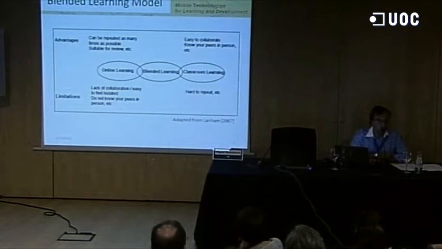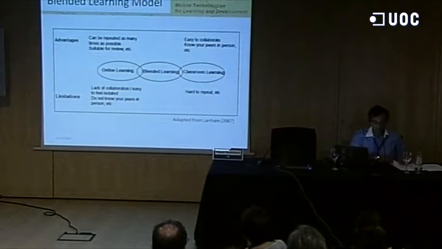I think all of you know what it is, but at this moment they try to use the strengths of one learning environment to improve the weakness of another learning environment. So try to get some advantage of, for instance, classroom learning and use it in online learning and vice versa. But what we want now is to introduce mobile learning.